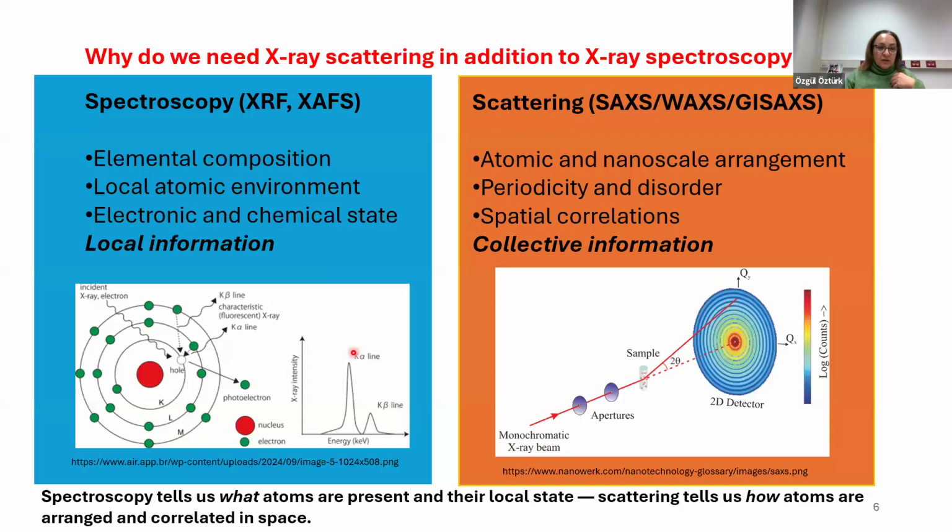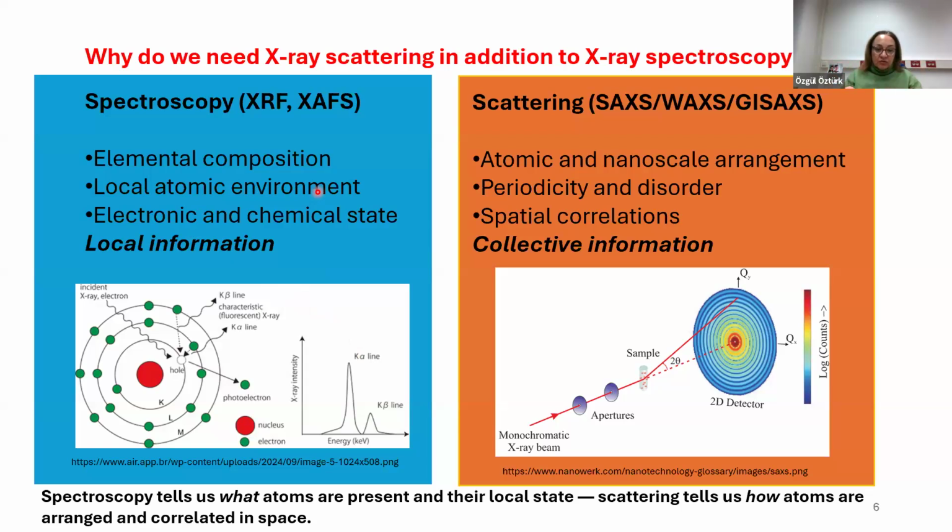They tell us what elements, what elemental composition, are present in the sample, and what the local atomic and electronic environment looks like, what the chemical states are. So we get the local information. However, they are fundamentally, as I said, giving information locally.